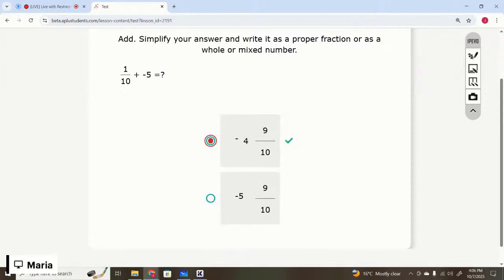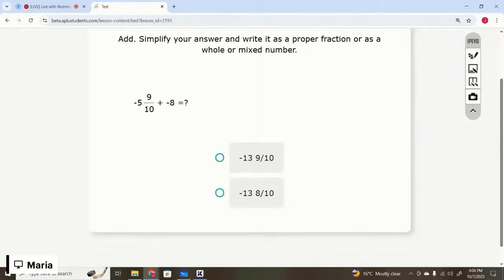That is same as negative 4 whole 9 by 10. That is negative 4 whole 9 by 10.